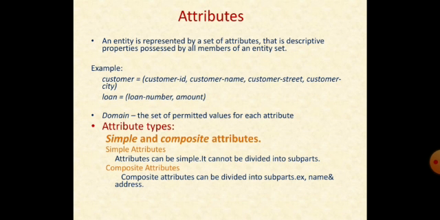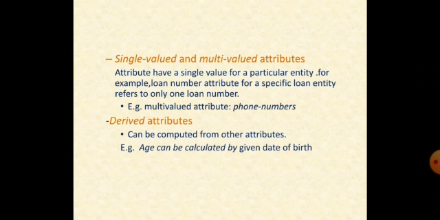For example, name and address are the best examples of composite attributes. Name can be divided into subparts like first name, middle name, and last name. Similarly, address contains subparts like door number, street name, and city. So these are all the various parts in the address field.